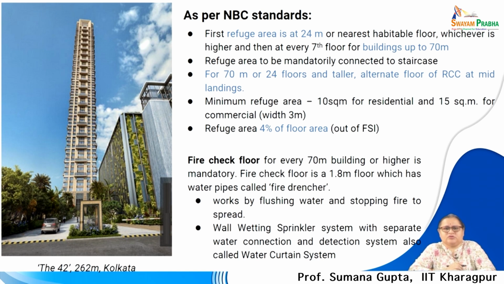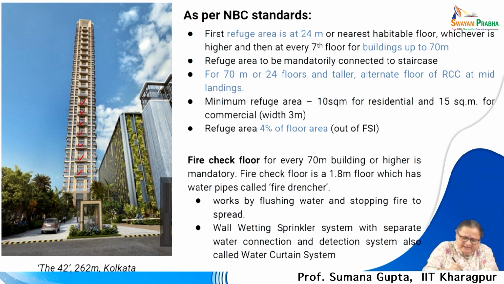This is also a picture of D42, which is a 262 meter height building of Kolkata, and here the architect Hafiz Contractor, in his plan, has provided, you can see in the elevation, some balconies.